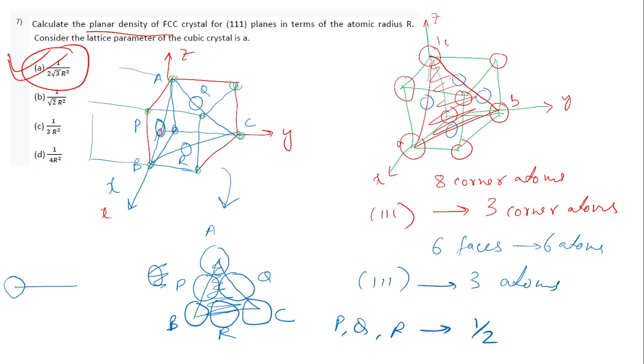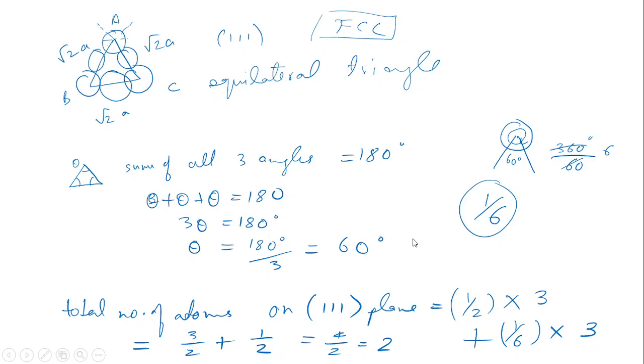So by now please practice and keep it clear which plane we are talking about, and then try to visualize or draw which atoms are sitting on that plane. Then try to understand how much each atom is contributing on this plane. Like here the face atoms were contributing half, but the corner atoms were only contributing 1/6.